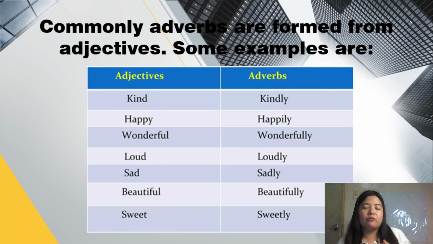Loud, loudly. Like, how did she shout? She shouted loudly. So, shout is our verb and loudly is our adverb. Sad, sadly, beautiful, beautifully, sweet, and sweetly. So many adverbs end with ly, and you make these adverbs by adding ly to adjectives.